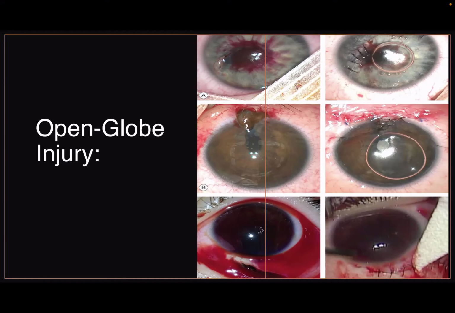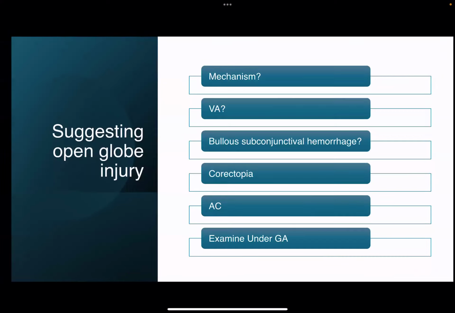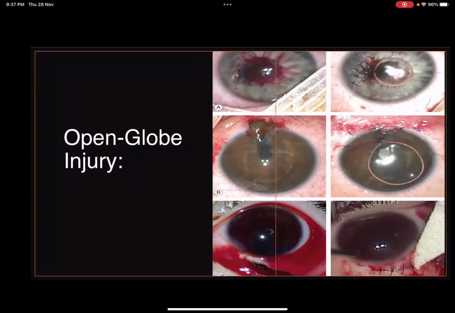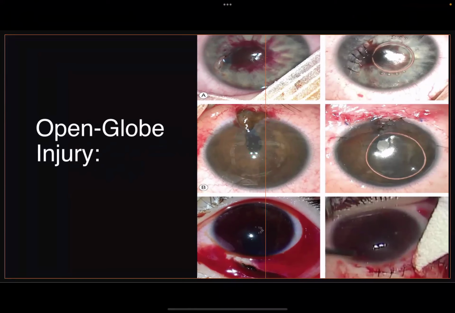You start with the limbus, then you close the cornea, suturing the anterior part of the cornea with short sutures, and try to bury them, and then the posterior part of the cornea can be sutured by longer sutures.